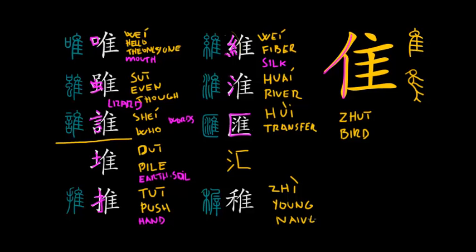And the semantic element in it is this part over here, which is pronounced he, and it is grain. So that points to the meaning of the character as a whole. It just says that grain sometimes is young and immature and so on.